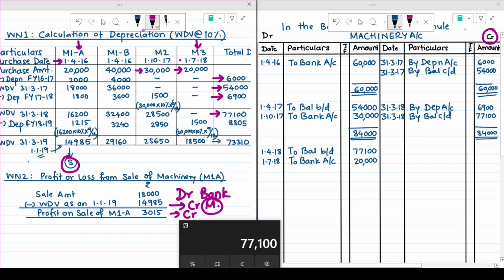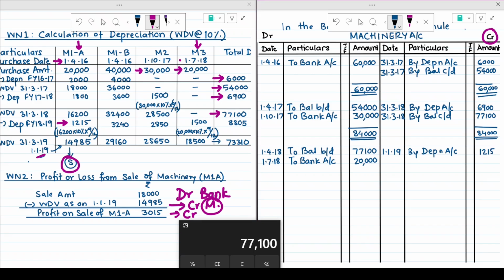This one we are selling, and the depreciation amount is 1215 on 1st January 2019. So we will first pass this depreciation entry. This will be on date of sale, 1st Jan 2019. By depreciation, the amount is 1215.